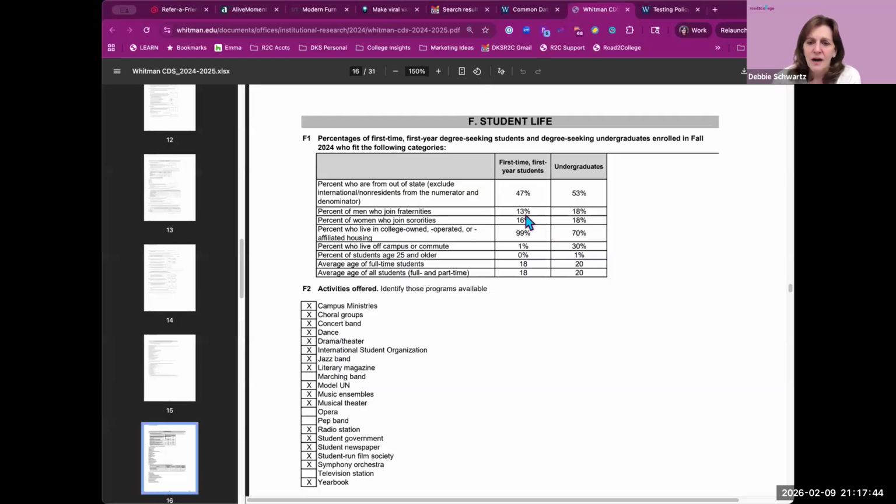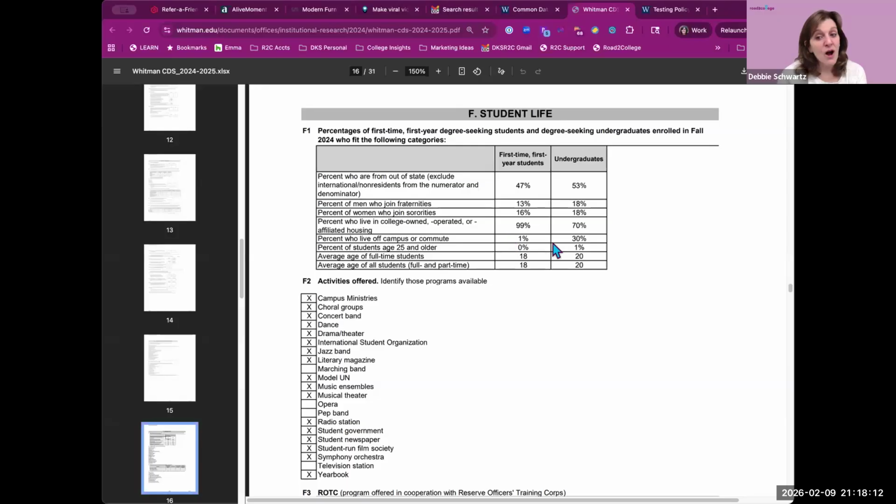But here's also another interesting piece of information about how many students are from out of state. Again, depending on the college and where they're located, that might be something you're interested to know. Maybe your student is coming from out of state, but the majority of students are in state, and that might mean they're going home a lot, something like that. So these are little pieces of information that are helpful.